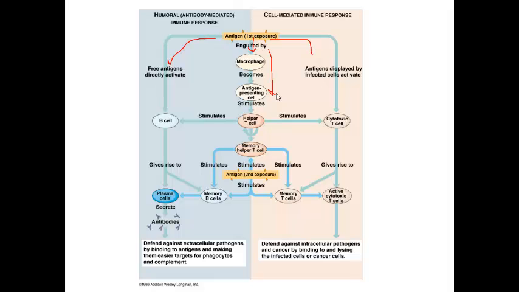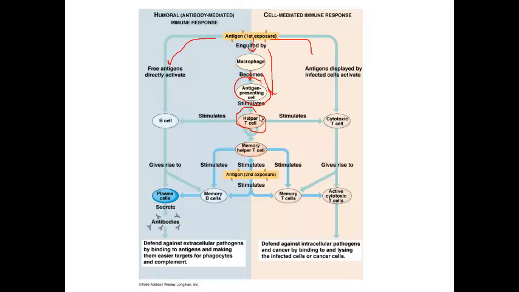It's going to be detected within your innate immunity, your non-specific immune system. When that macrophage engulfs the antigen, the macrophage becomes an antigen-presenting cell. It's going to hold out a piece of the antigen using its class II MHC. And we just said that the macrophage is going to present the antigen to a helper T cell.